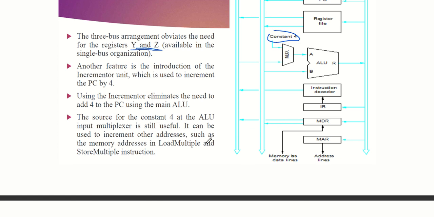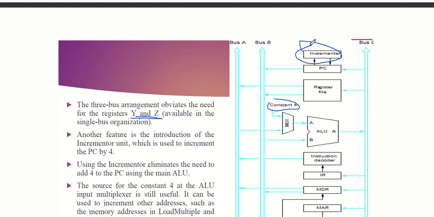Then the source for the constant 4 at the ALU input is still useful. It can be used to increment other addresses, such as memory addresses in load multiple and store multiple instructions. So even though we now have an incrementer that will just increase our program counter for us, this constant 4 is still useful.